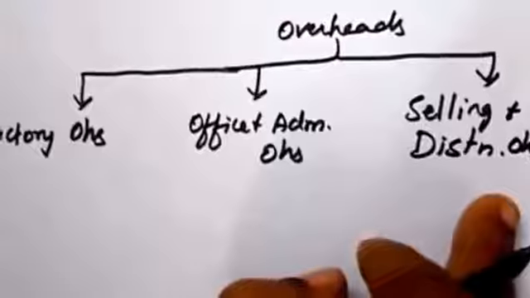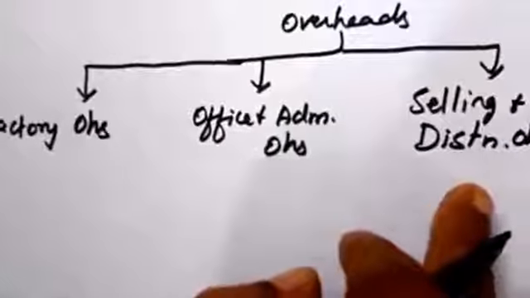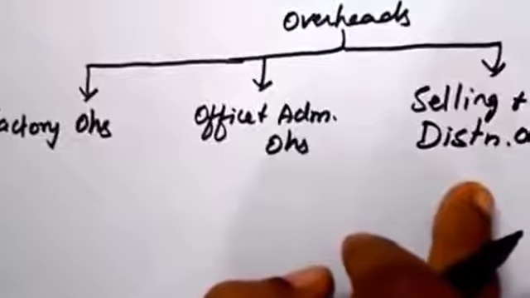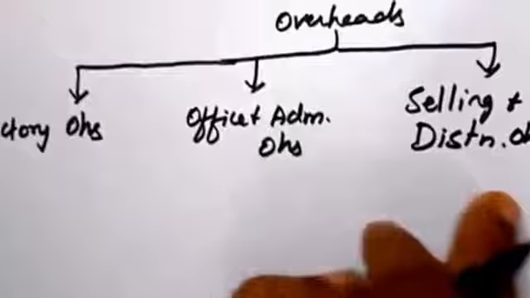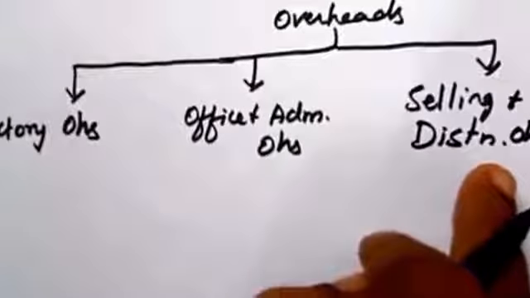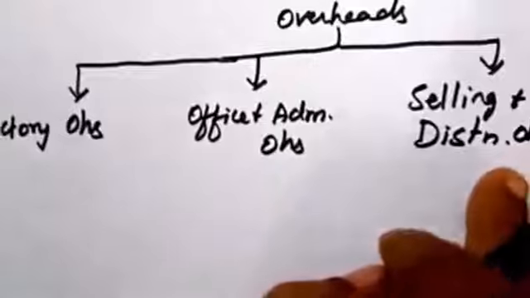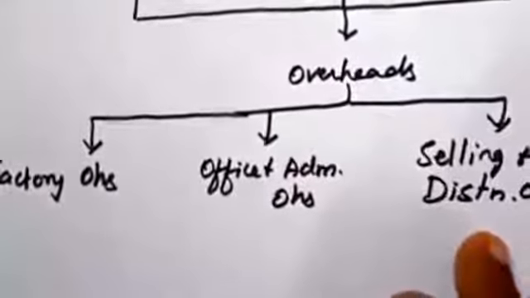After the production, you need to incur some expenses which are required for distribution purposes. For example, advertisement, delivery charges, salesman commission, salesman salary, all these things which are required for selling and distribution. It is also one of the important elements of cost, but it comes under indirect expense. Why?